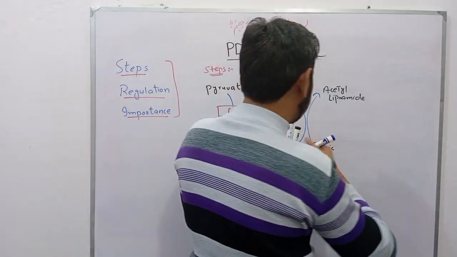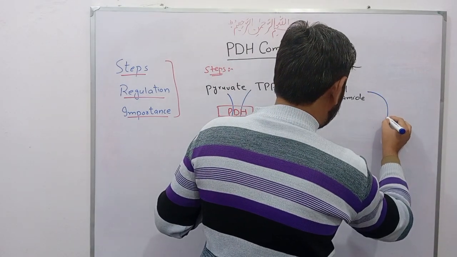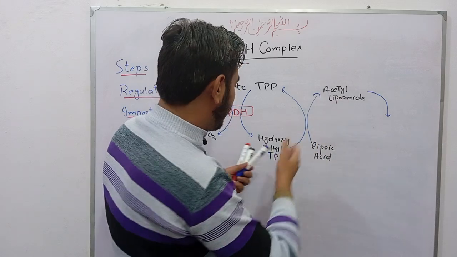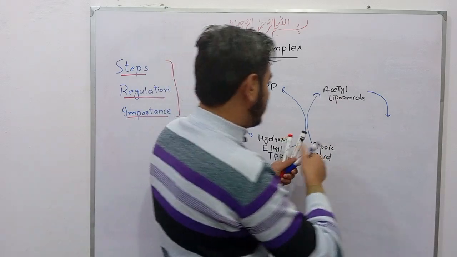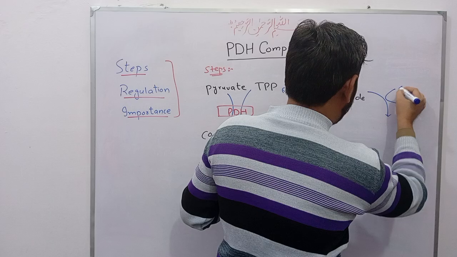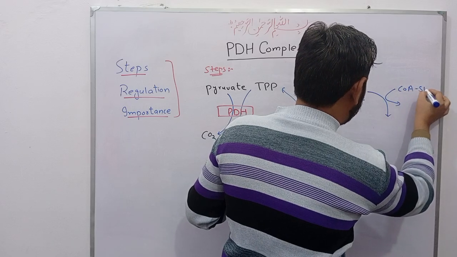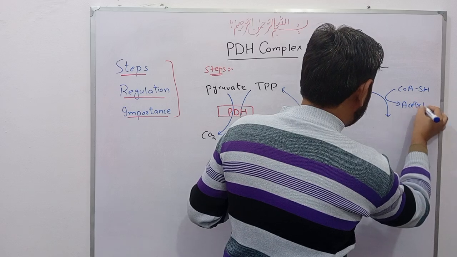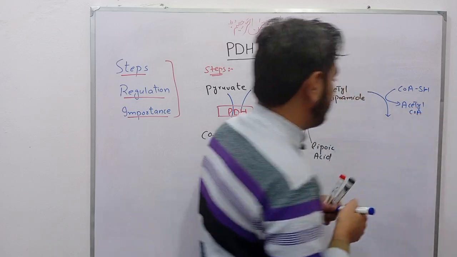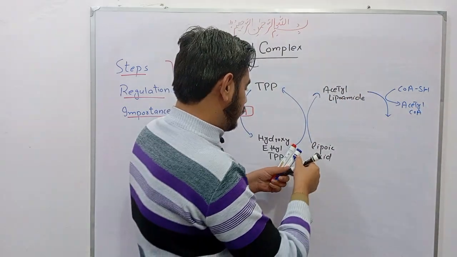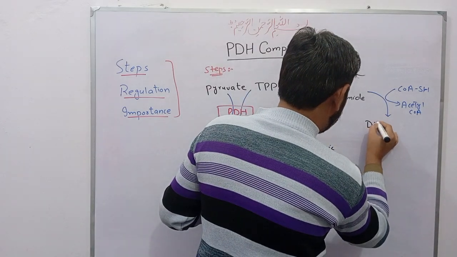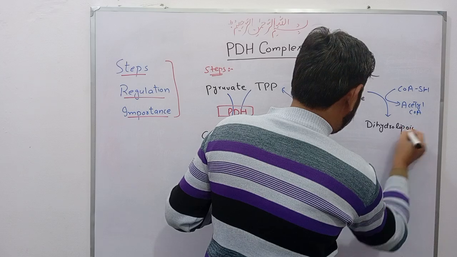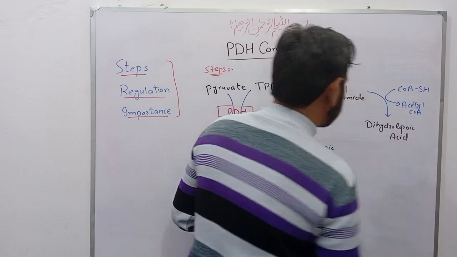Now the second reaction: there is a transfer of the acetyl group from acetyl lipoamide to the coenzyme A sulfhydryl group, and there is formation of acetyl CoA, and also formation of dihydrolipoic acid.